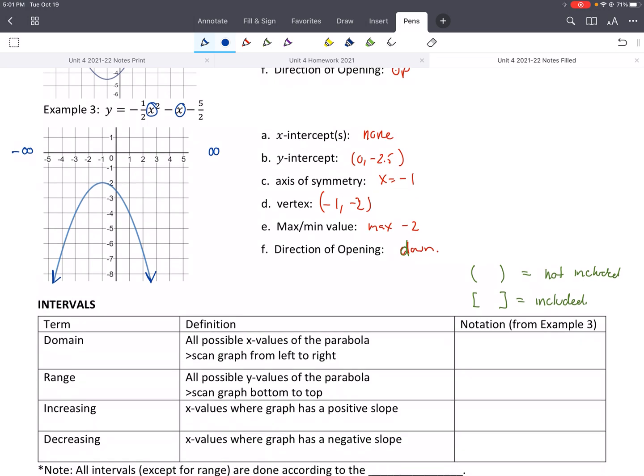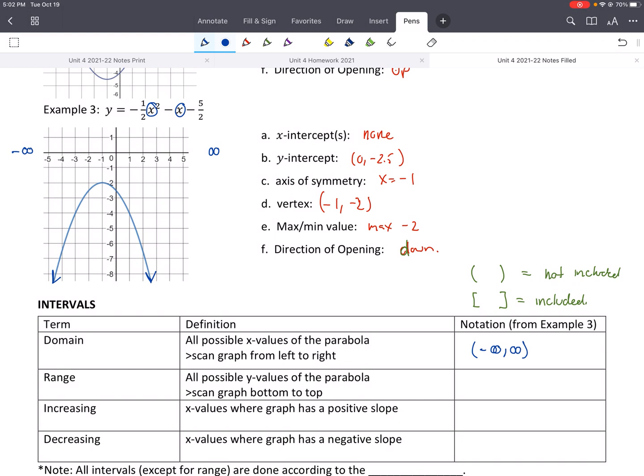So for all of these parabolas, the domain is always the same. It goes from negative infinity to infinity. Okay? Here we chose parentheses because infinity isn't a value. Okay, so we can't include that value. We can't include infinity because it's not an actual value, a number.